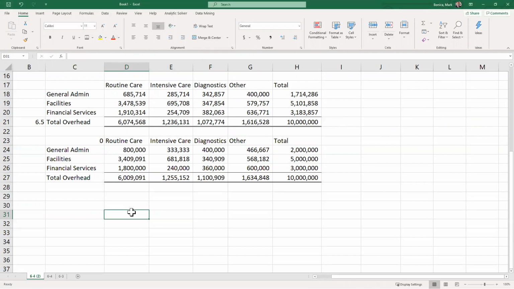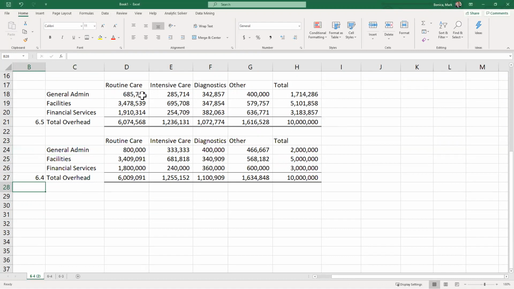So how did it come out? How did things come out differently? Well, here's something to note. We used the same drivers, right? But we wound up with fairly significant differences between each of the rows here.